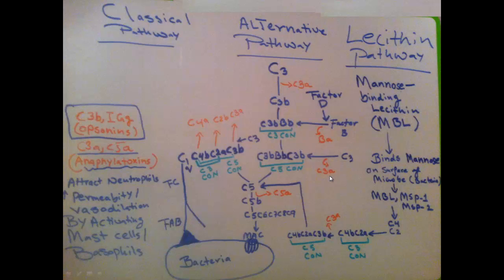into C3a and C3b, which will join with the C3 convertase, forming a C5 convertase. That will then cleave the C5 protein into C5a and C5b, and again the pathway will continue, forming the C6, C7, C8, C9 membrane attack complex as before.